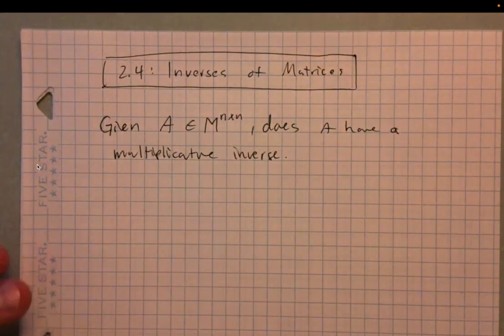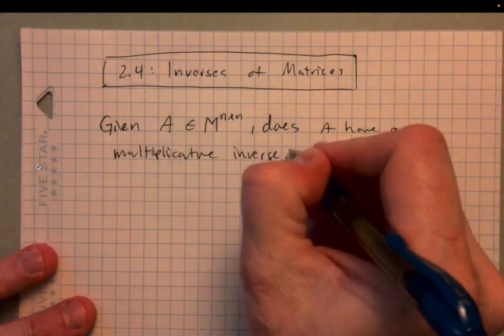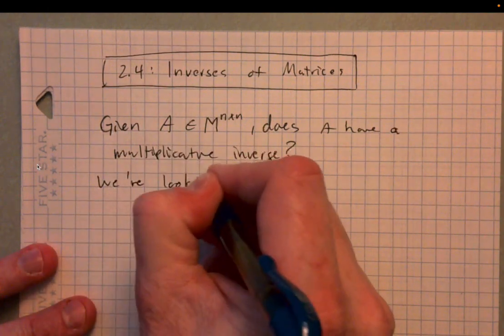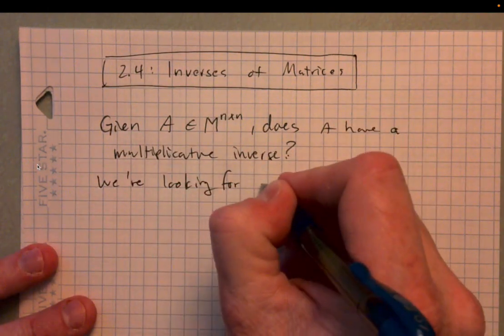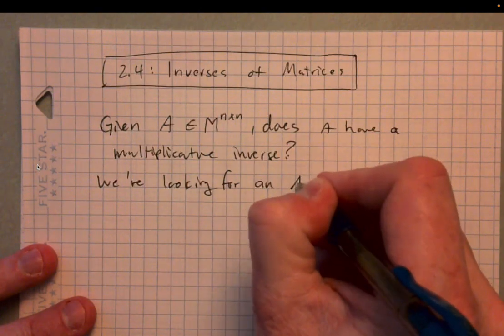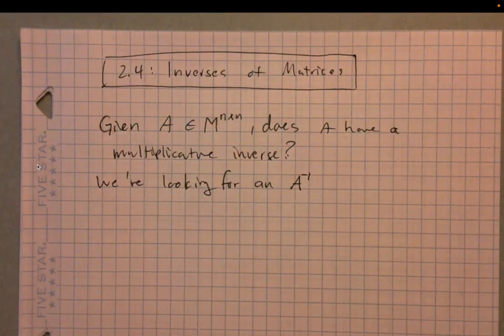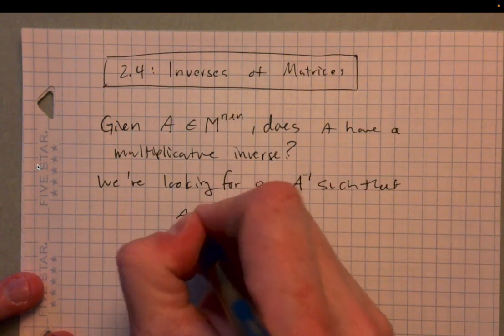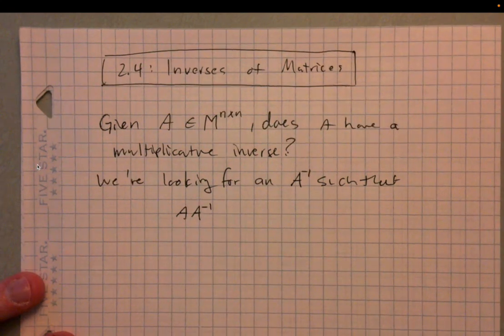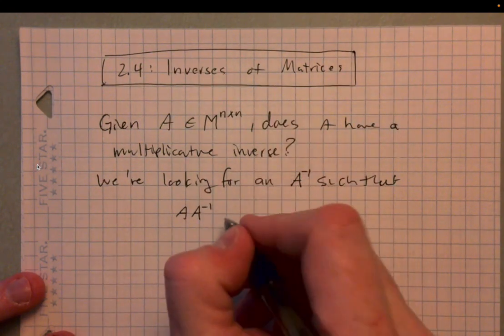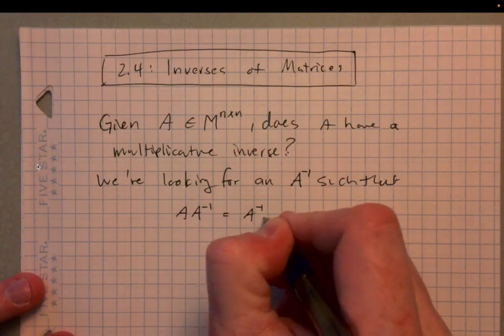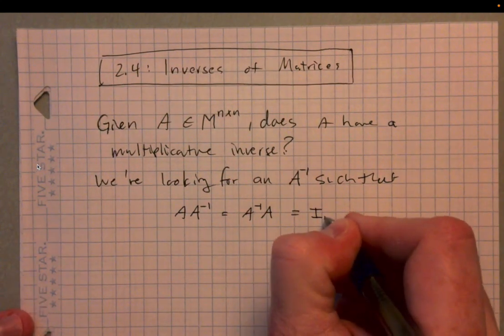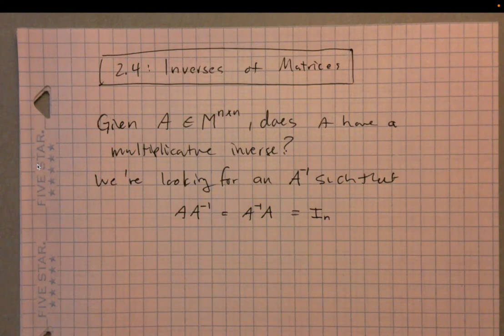In particular, we're looking for an A inverse matrix such that A times A inverse is equal to A inverse times A, which is equal to the identity matrix, the n by n identity matrix.